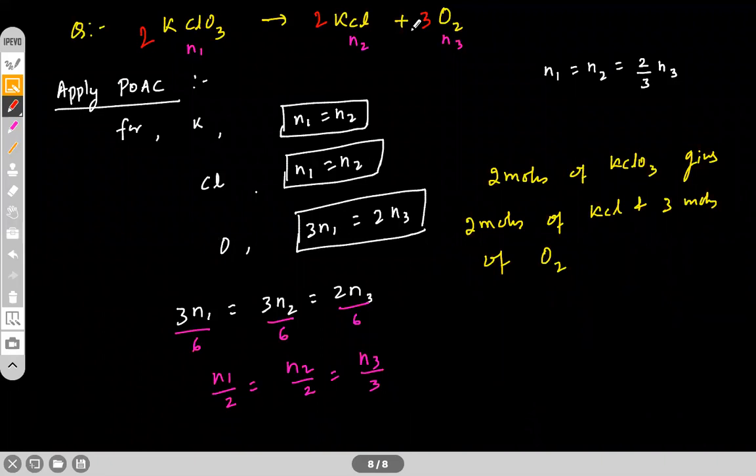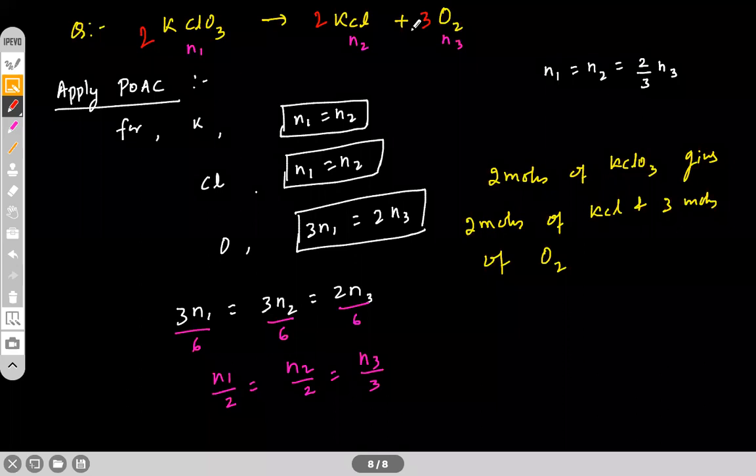So basically by the use of this POAC, we are calculating the molar ratio only of reactant and product. In what mole ratio the reactant reacts, and product forms.